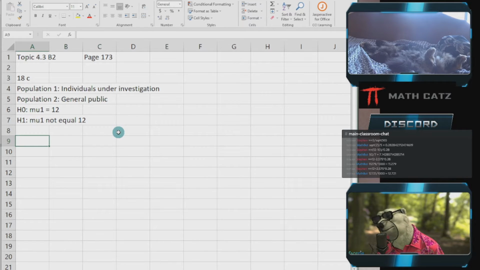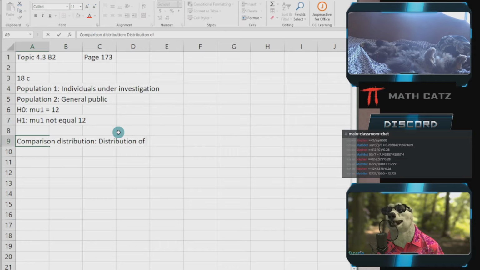Step 2 here will be my comparison distribution. Comparison distribution is the distribution, let's write it like this, distribution of means. So I'm trying to compare how does my sample mean sit in the distribution of all possible sample means.